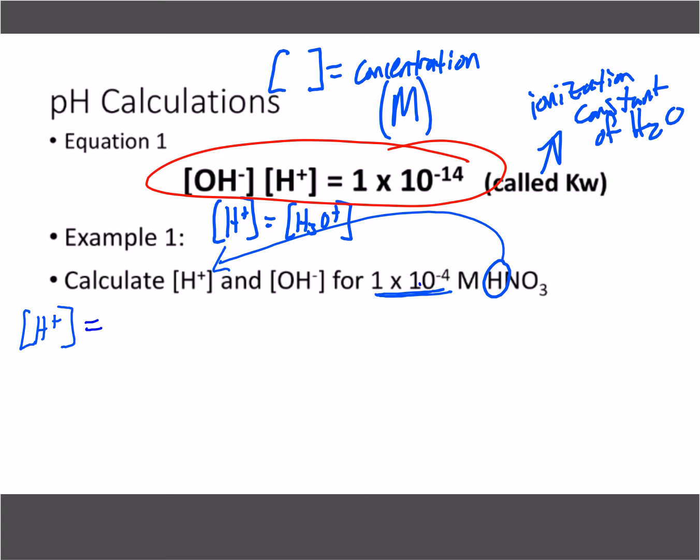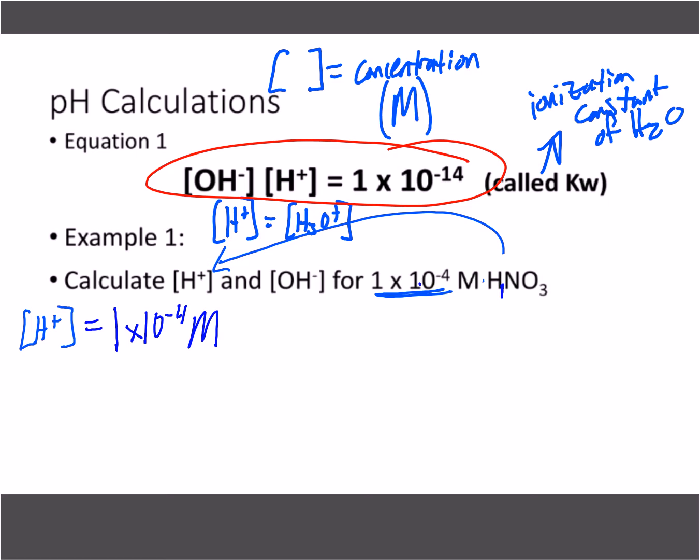We only have 1 ion here. In the formula for HNO3, we have a 1 right there. So we multiply by 1, which is just the same thing. So hydrogen ion concentration equals 1 times 10 to the minus 4 molar. One of them is done.